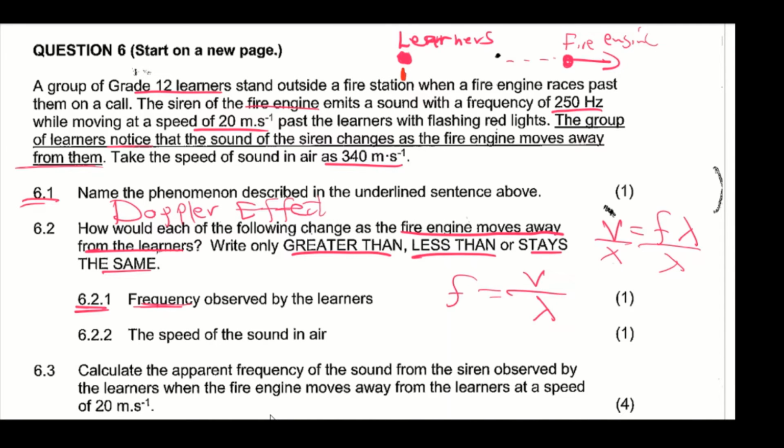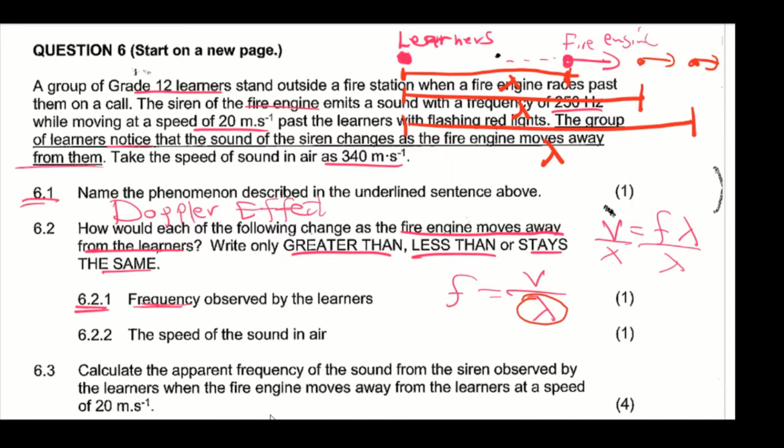The distance between the learners and the fire engine continues to increase. The more the fire engine goes in that direction, the longer the distance becomes. So the distance is actually lambda. The bigger this lambda becomes, the smaller the frequency.